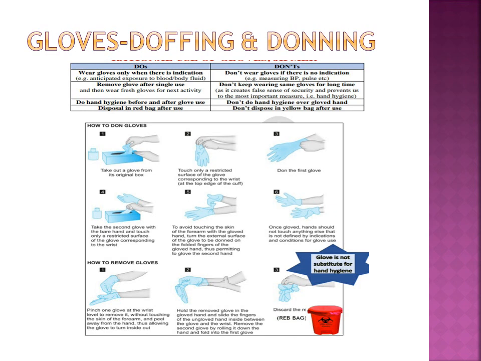Do not touch the outer surface of the glove because now your other hand is ungloved. Then peel downwards away from the wrist, turning the glove inside out, and then continue to pull the glove down and over the inside out glove being held in your gloved hand.